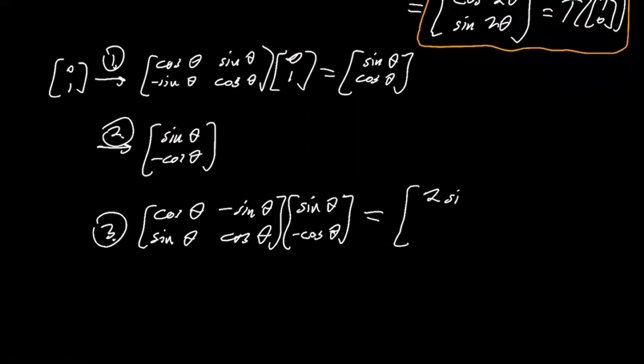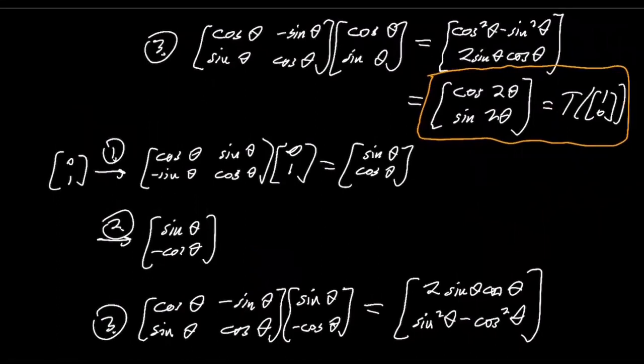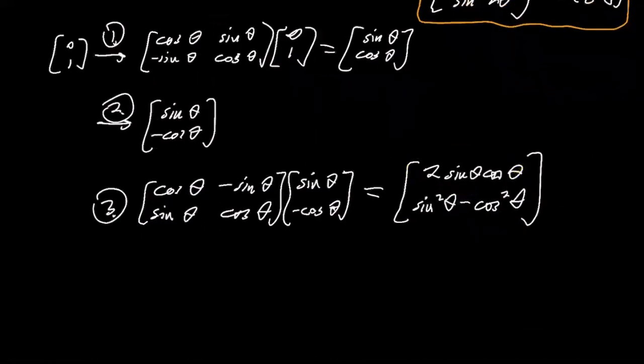Now I get 2 sine theta cosine theta, and here I get sine squared minus cosine squared, which is very similar to what we had above, except we flipped cosine squared and sine squared. I'm comparing this to this. This is backwards from that. This is the same. And so in fact, this equals sine of 2 theta and negative cosine of 2 theta.